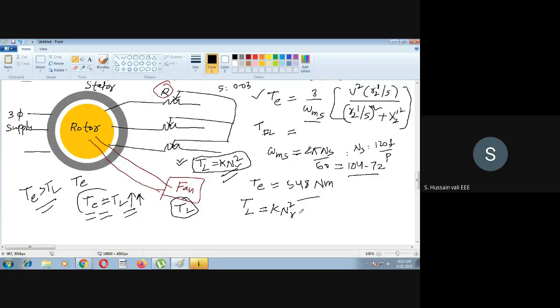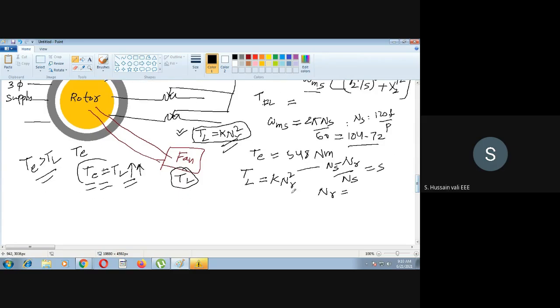You can easily find out nr here. There is a relationship for the slip: ns minus nr by ns is equal to slip. This you know, slip you know, ns you know, then you can find out nr. So simply substitute the nr here.